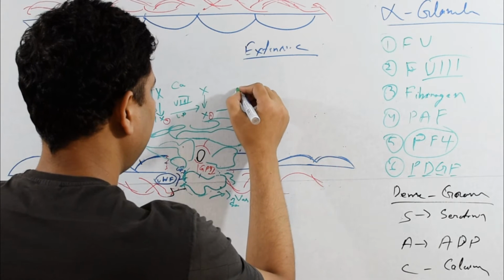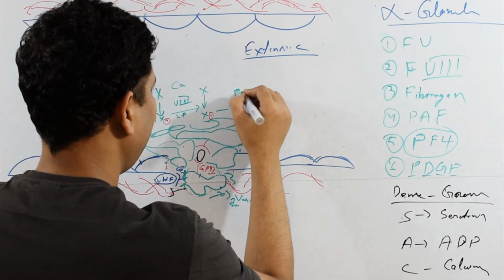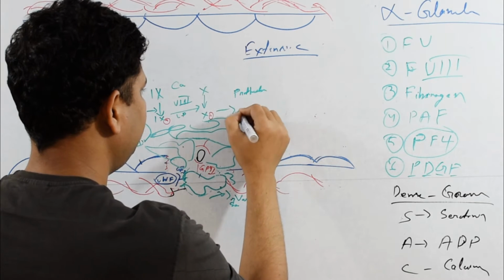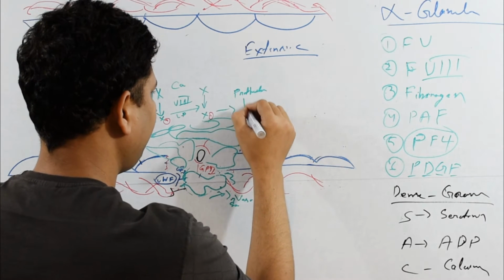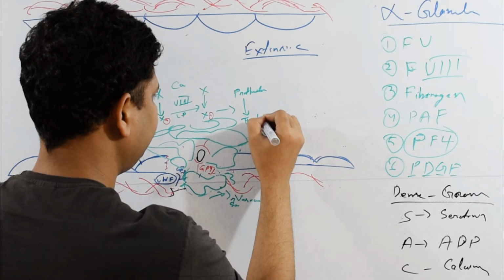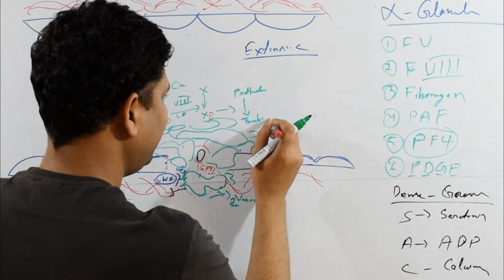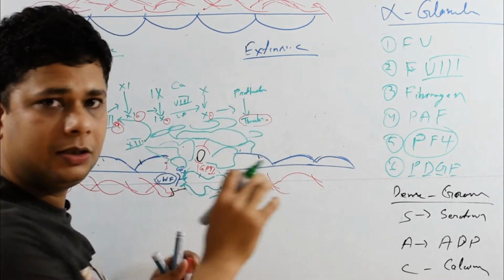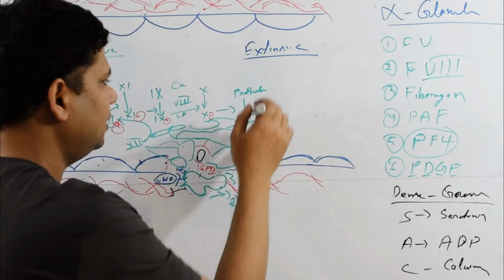And factor 10 activates prothrombin to thrombin. This is also active. And here begins the real work.